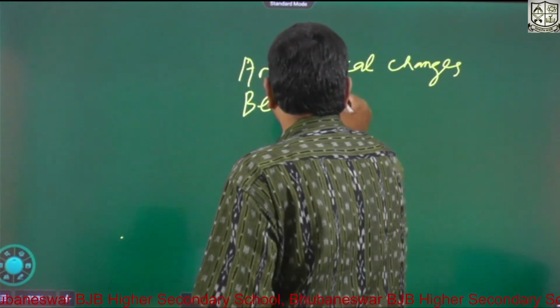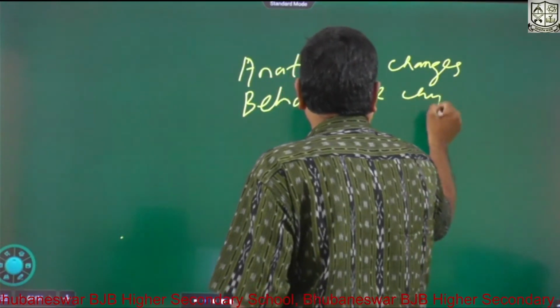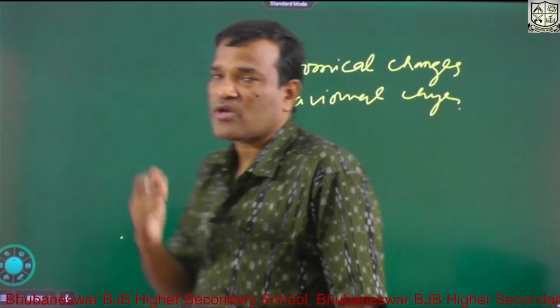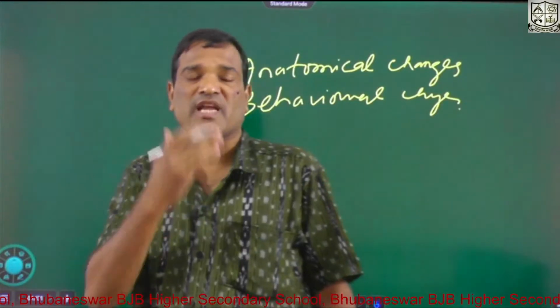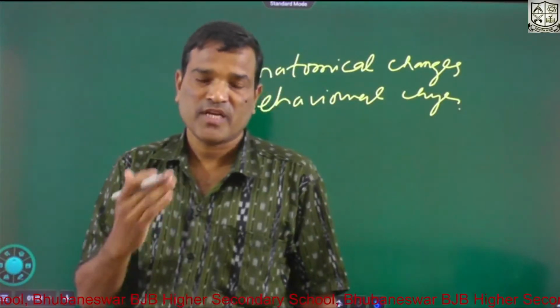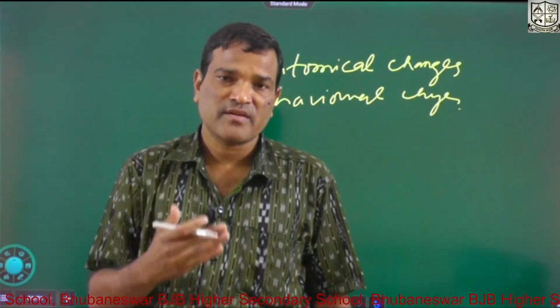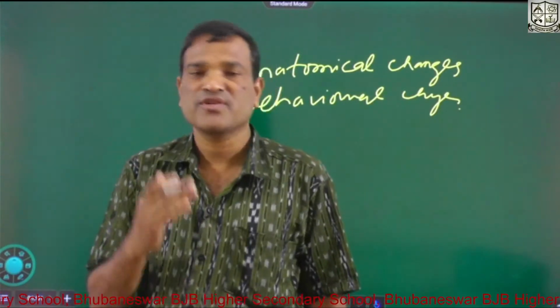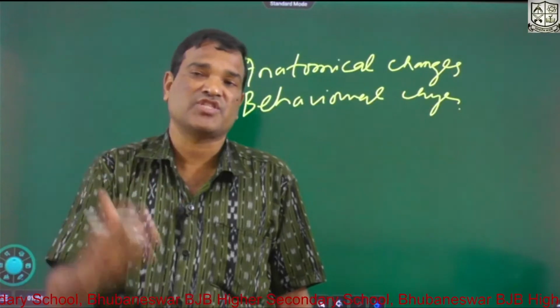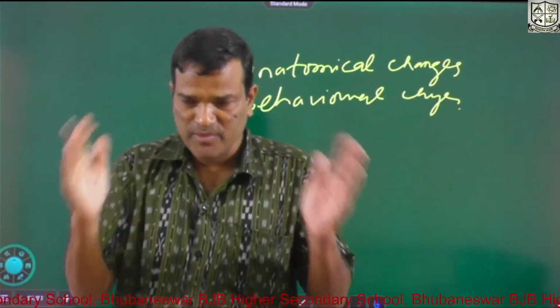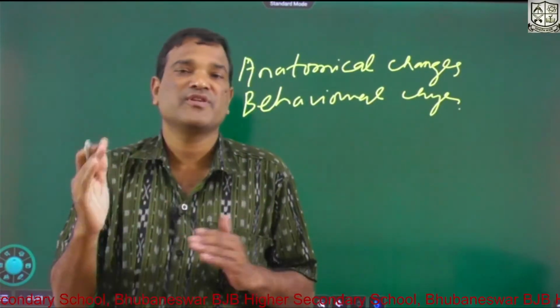These two changes ultimately develop the life pattern of the human. The anatomical changes are changes in the body structure in different anatomical features, as well as changes in culture and behavioral pattern, that can be studied through hominid evolution.